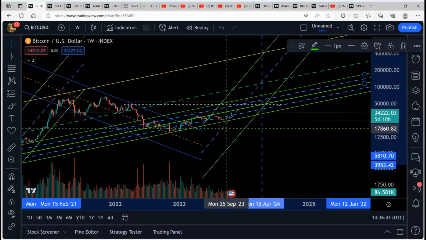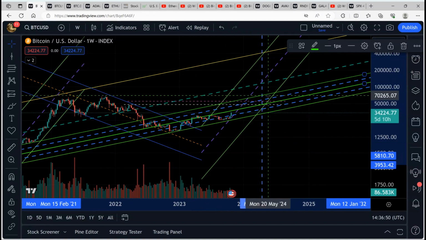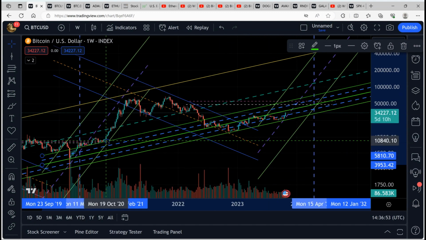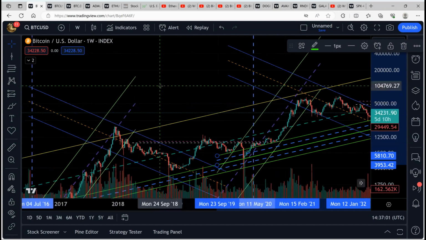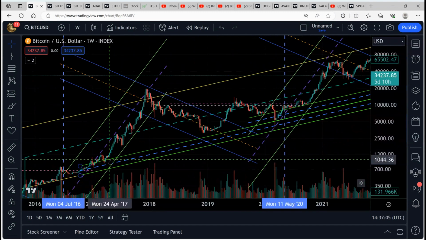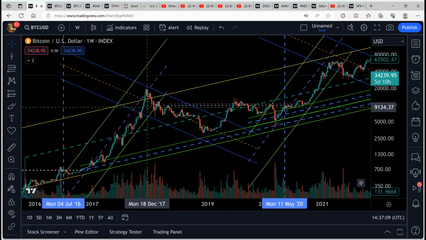Now, is this the bull run, the parabolic run? No. That will start over here. You can see it starts over here at the end of the channel. That's when we shoot straight up. Back here, it starts towards the end of the channel where we shoot straight up.